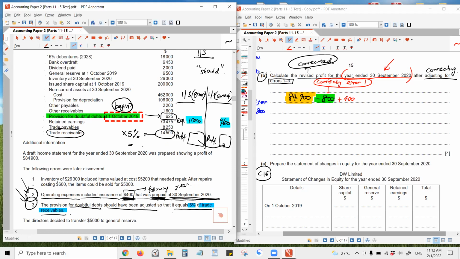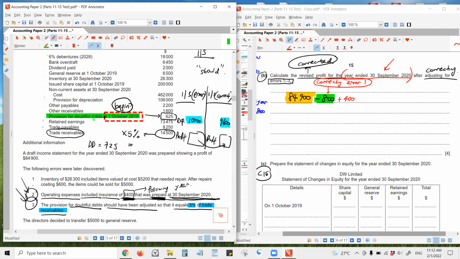Then you go on your calculator, it is from another table. Hold on. So you calculate the doubtful debt at the year end. You will get 725. So doubtful debt at the year end is 725.